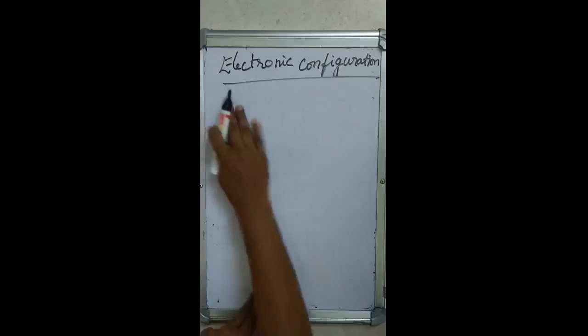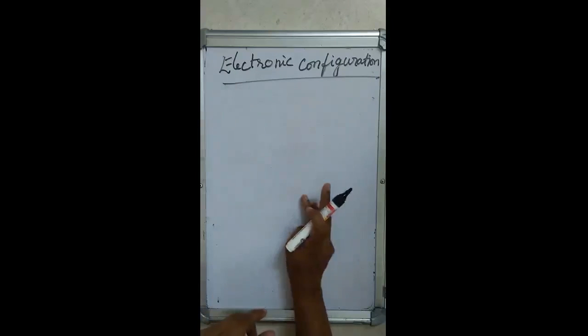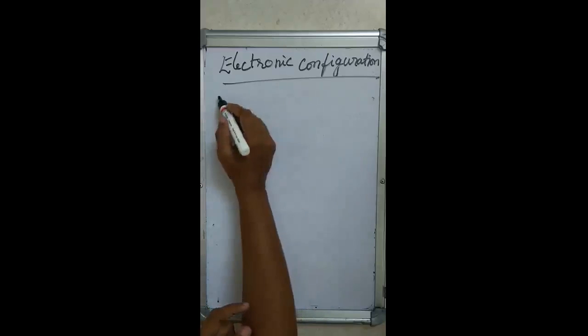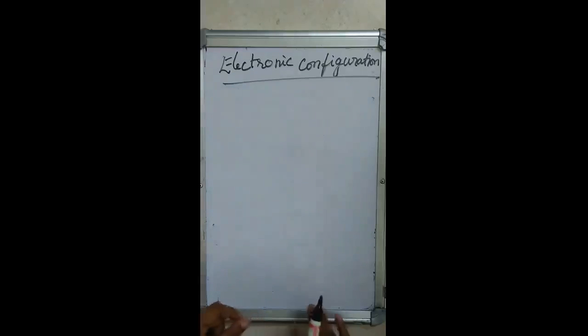So all the rules you have to keep in your mind: Aufbau principle, Pauli's exclusion principle, n plus l rule, then Hund's rule. Up to atomic number 30 you should know how to fill the electronic configuration. Few elements are exceptional, and that also I will explain in this concept.